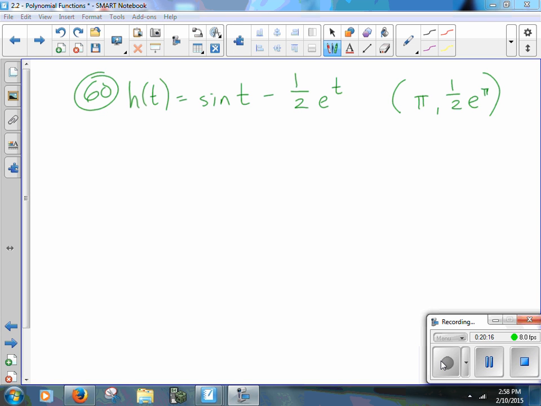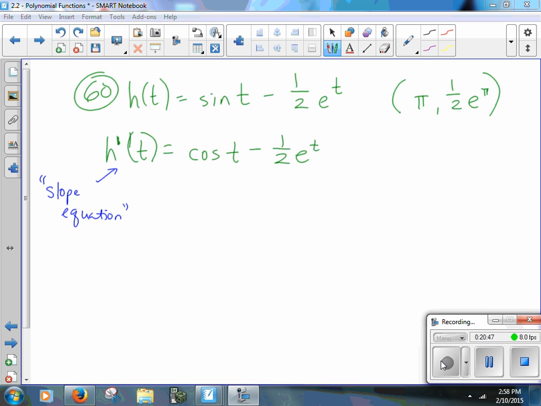We got to find the slope, the equation of the tangent line, then I have to do what with this first? I got to find the derivative, which is, one more time? Cosine t minus 1/2 e to the t. That's the derivative, which gives you your slope equation, if you will. You'll think about it that way.